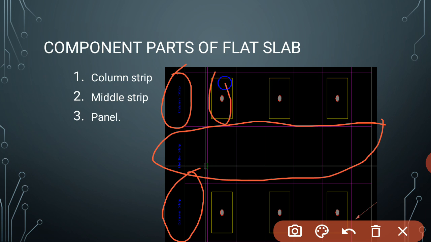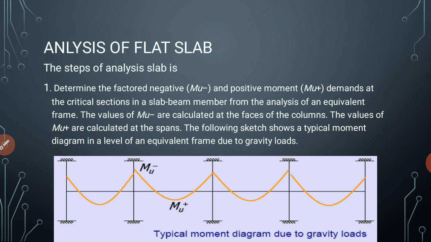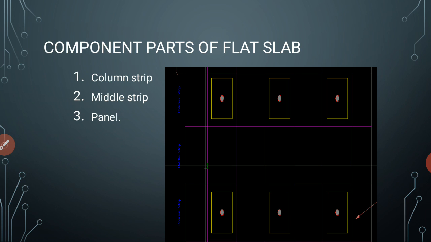The panels are the column head or column capitals. We are going to design the flat slab according to these strips: design of column strip, design of middle strip, and design of panel.